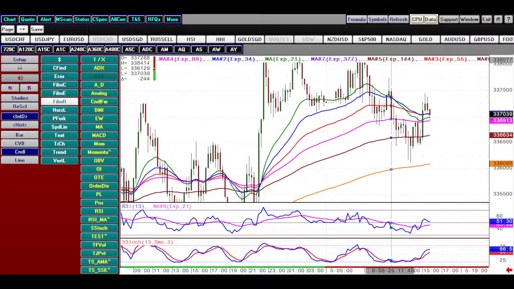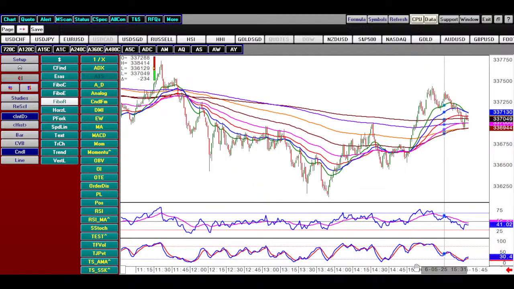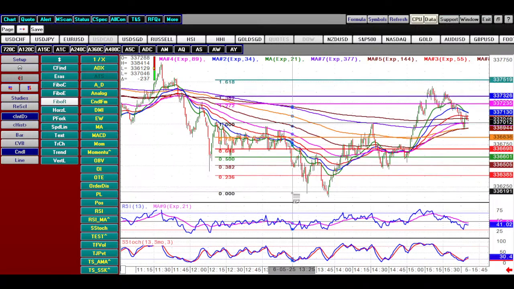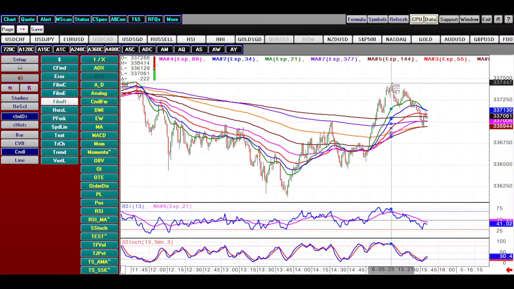the market has made a temporary high. One of the reasons is that this is showing lower highs, lower lows, and this is the first signal. Even if you look at the 1 minute, you see here there is a divergence in the price, which means there is a possibility that this might be the high.